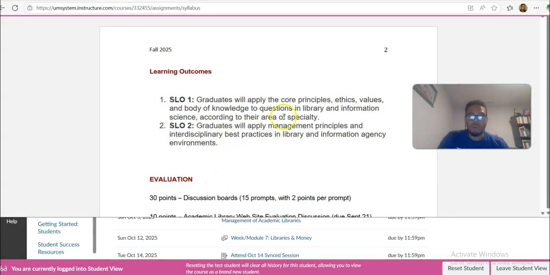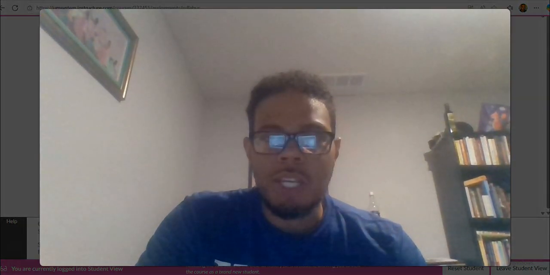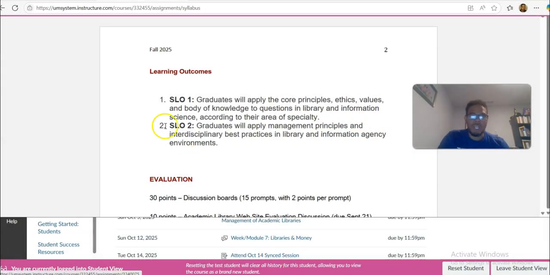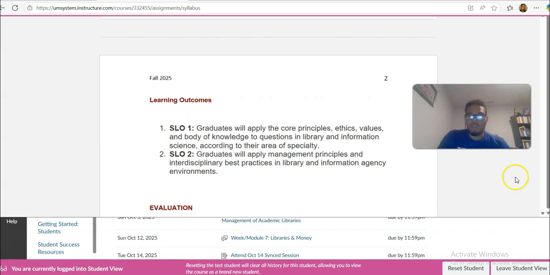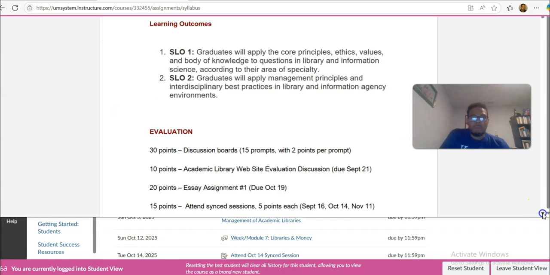So let's say that your case study paper for this class corresponds with student learning outcome number 2, which it does. Then that paper could be one of the papers that you turn in relation to student learning outcome number 2. Okay, so that's how that works, and that's why we have the student learning outcomes that are applicable there.